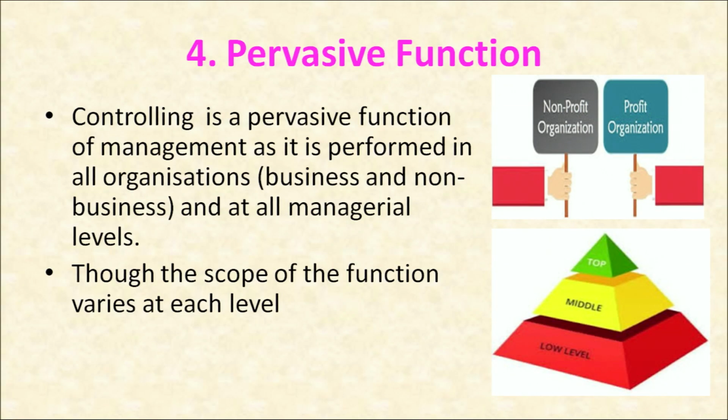Another important aspect related to pervasiveness is that it is a function that is required at all the levels, although the scope of the function varies from level to level. At top level, the controlling mechanism would be to control the entire organization.